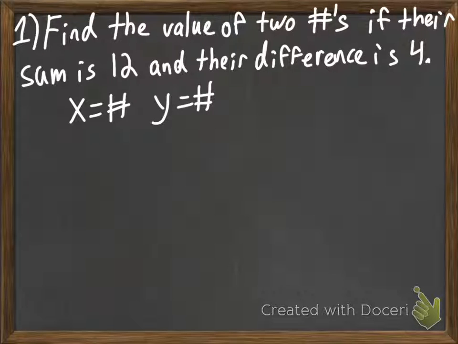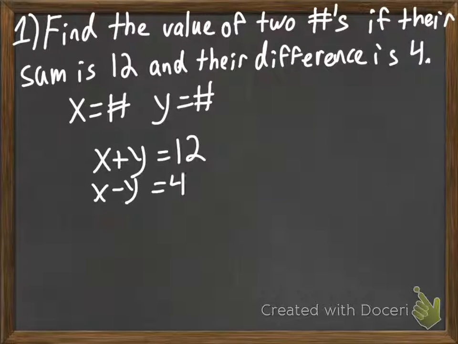So we know that their sum is 12. Well, sum means addition, so we can say that x plus y equals 12. And their difference is 4. So that means if we do x minus y, we're going to get 4.